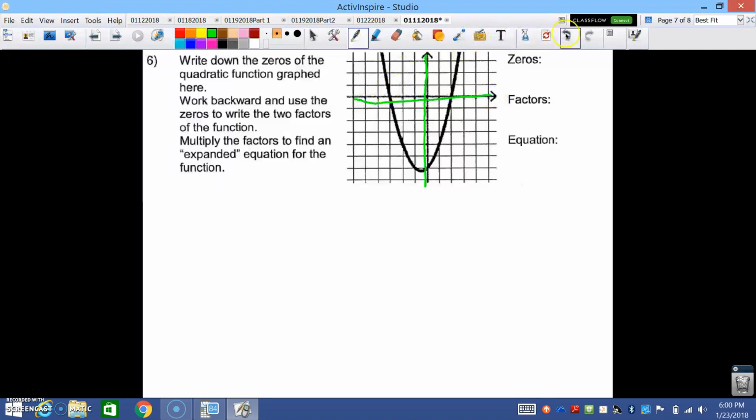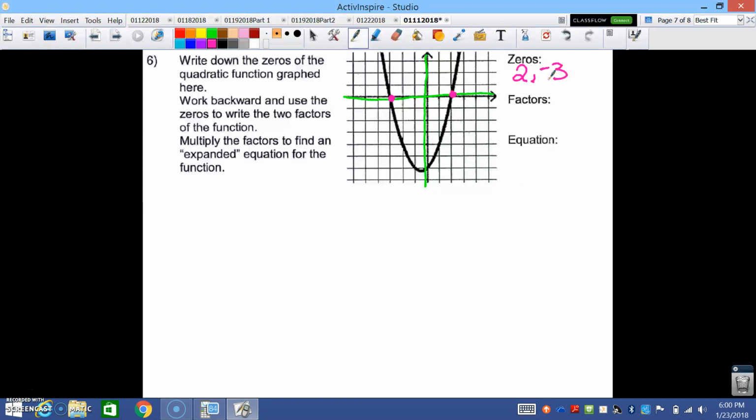Well, that was bad. Let me try it one more time. That's a little better. Okay, so here we have positive 2, and negative 3. Okay, so those are your two zeros, right?